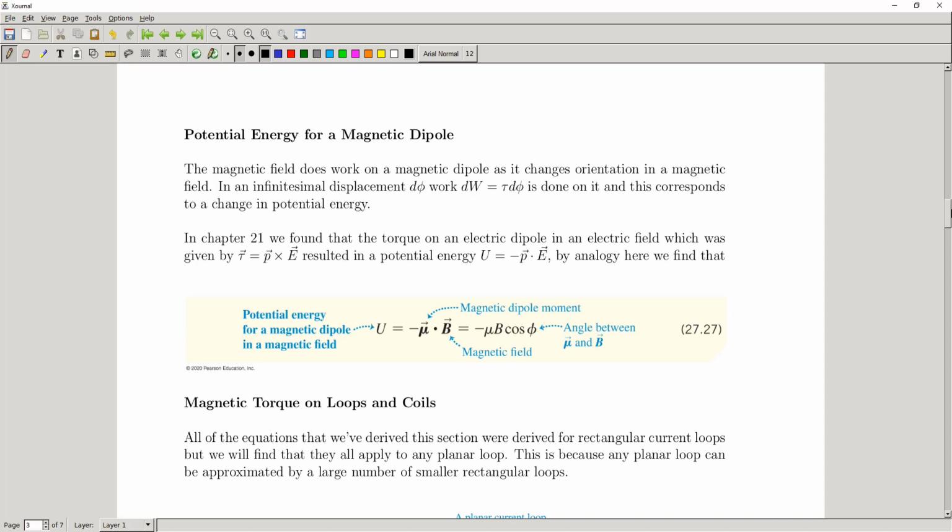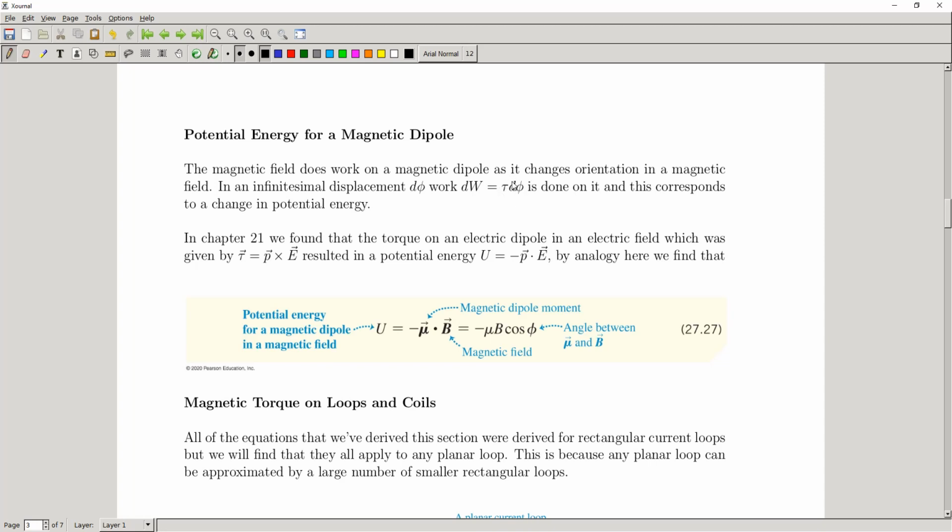The magnetic field does work on this magnetic dipole as it changes orientation in the magnetic field. As this thing goes through an infinitesimal displacement d phi, an infinitesimal amount of work dW is done on it, and this dW is equal to the torque times that d phi.